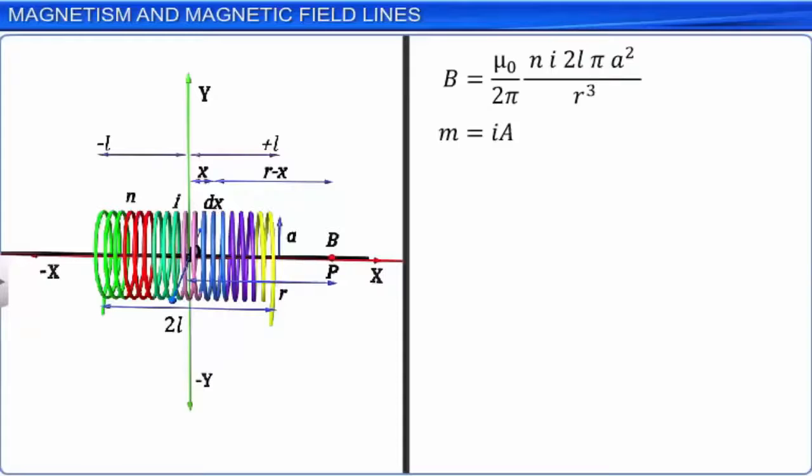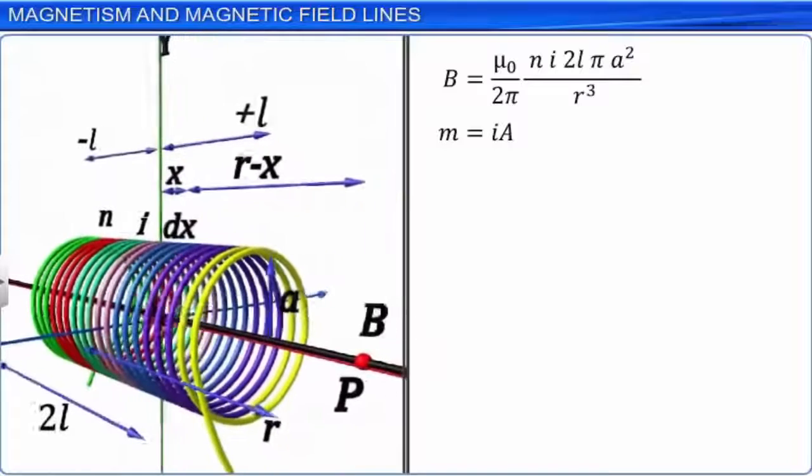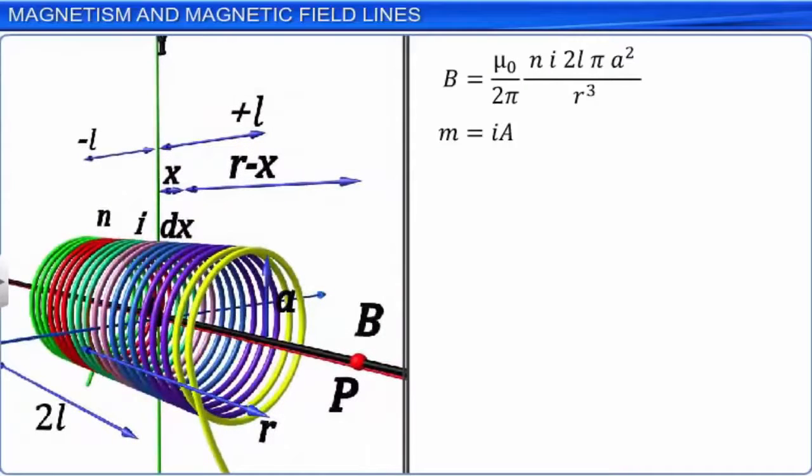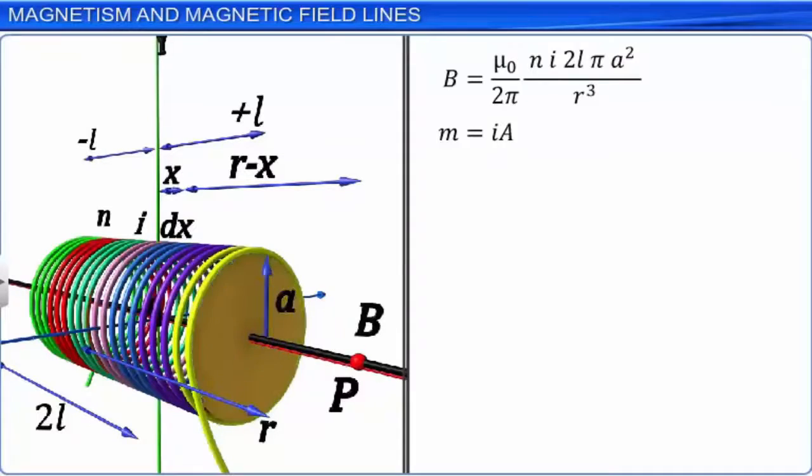Thus, area A of each loop of the solenoid is pi into a square. The total number of loops in the solenoid is n into 2L, and hence the magnetic moment of the solenoid M is equal to n 2L I A, which is equal to n 2L I pi a square.